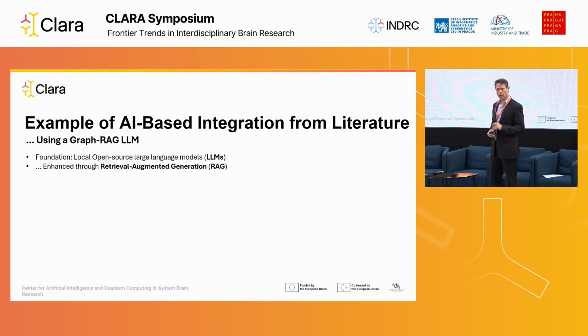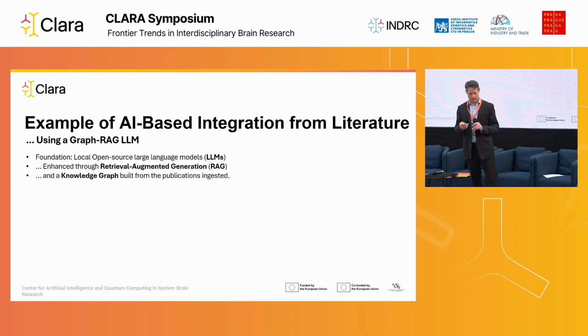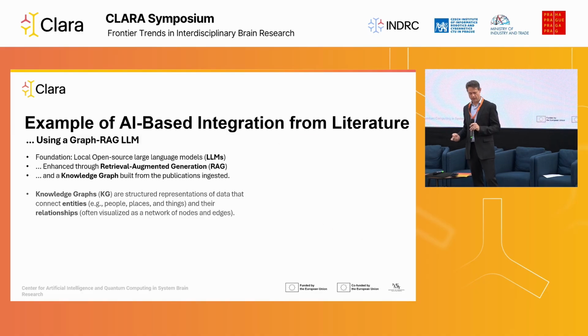We basically force-feed the duck. We're providing information from these papers and having the large language model ingest them. And in addition to that, we added what's called a knowledge graph. So we had the LLM generate a knowledge graph from these publications.